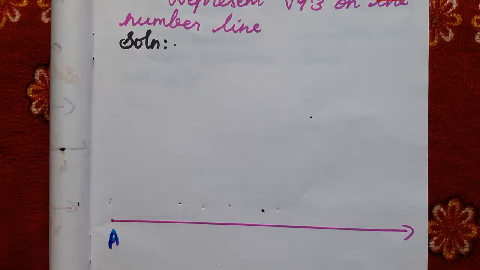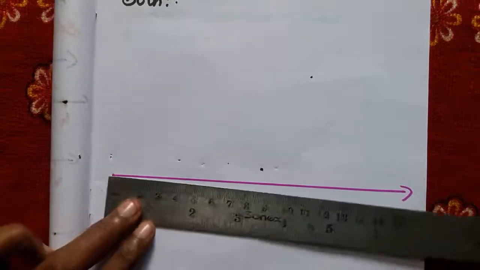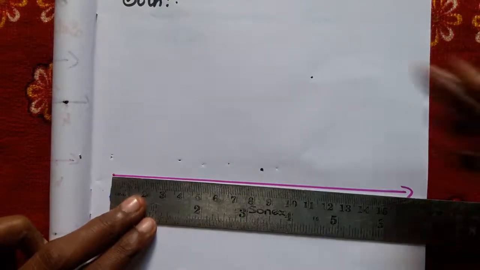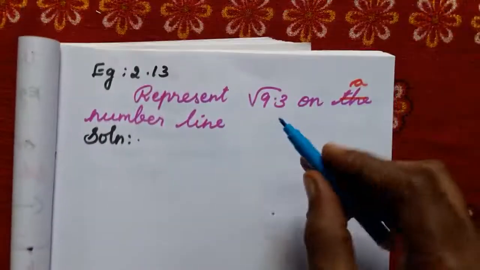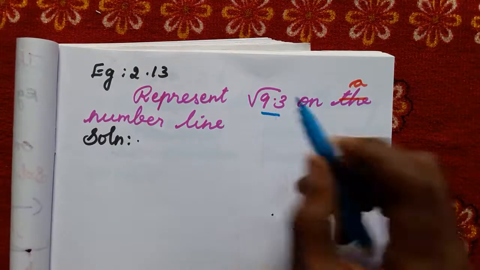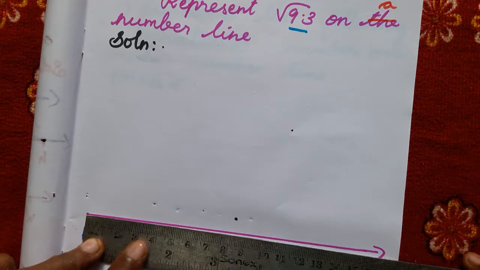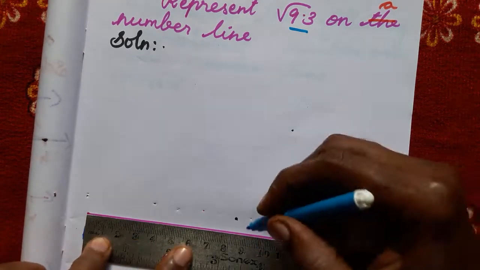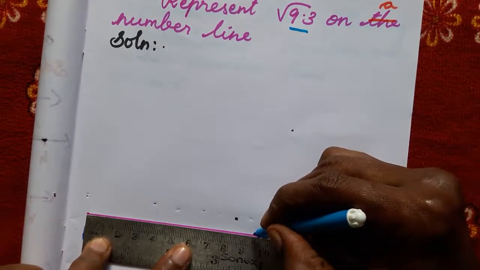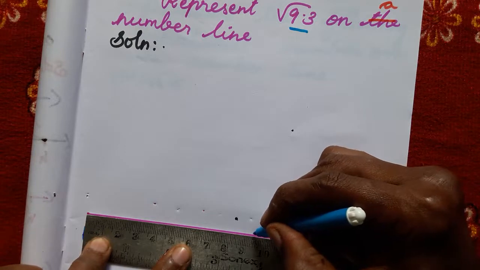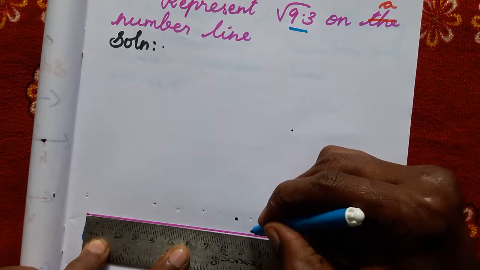Next, with the help of a scale, we have to measure AB equal to 9.3 centimeter. 9.3 centimeter is given. So we have to mark a point B. AB is equal to 9.3 centimeter.